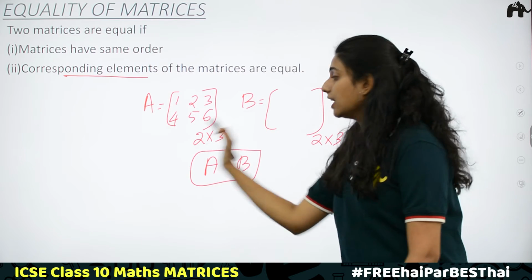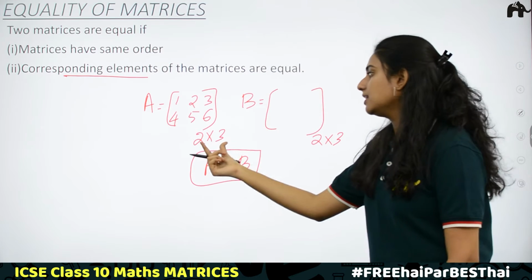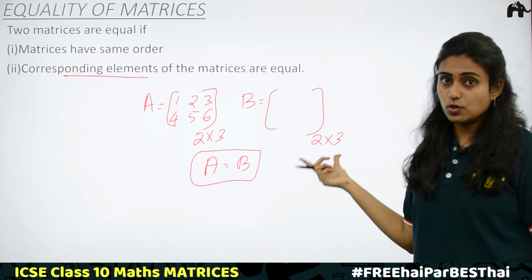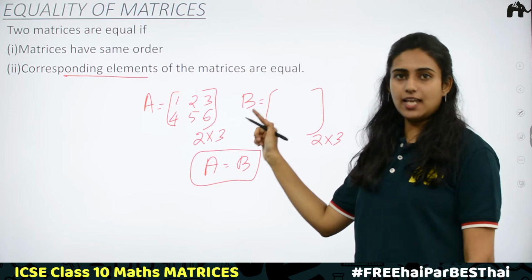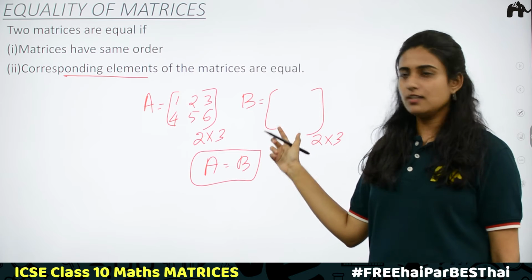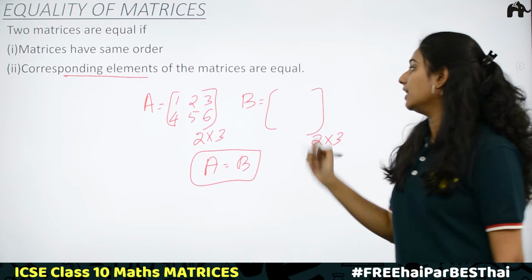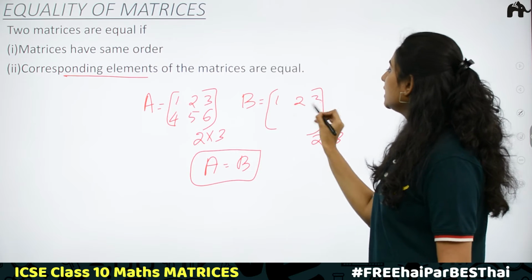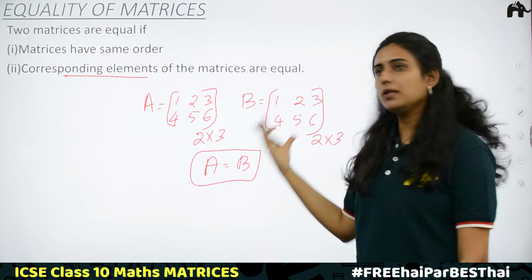In that case, we check the first condition, that is order of the two matrices. This is a 2 by 3 matrix and I have given you that this is also a 2 by 3 matrix. Therefore, the order is same. Now, what to check? The corresponding elements. Here, the elements are not given. If these two matrices should be equal, in that case, 1, 2, 3, 4, 5, 6 should be the elements of B as well.